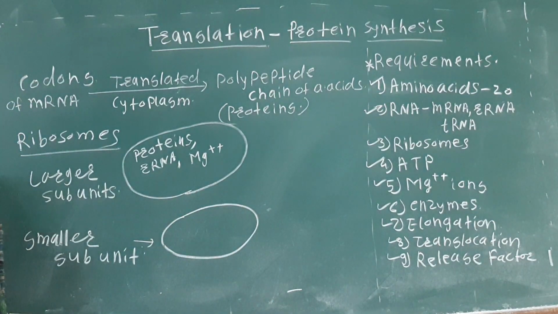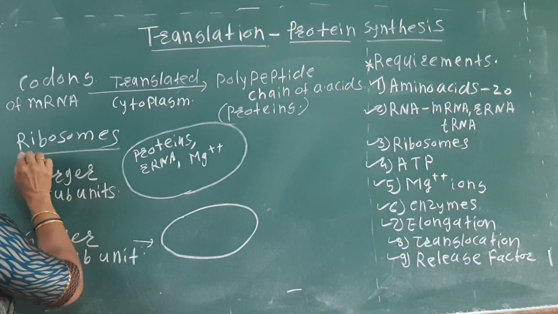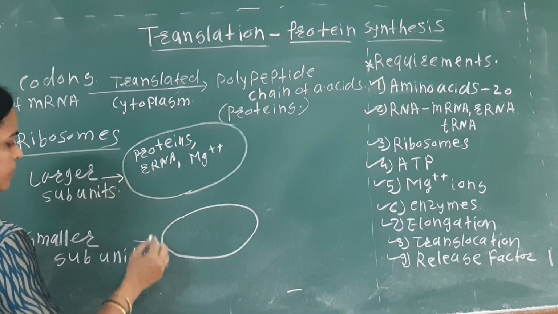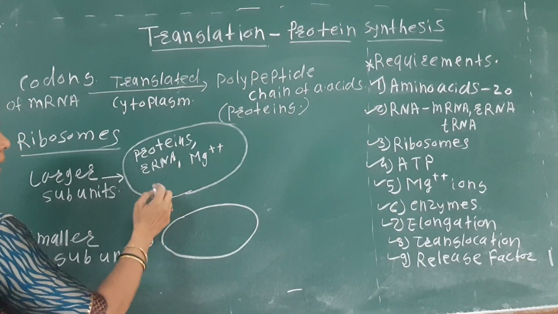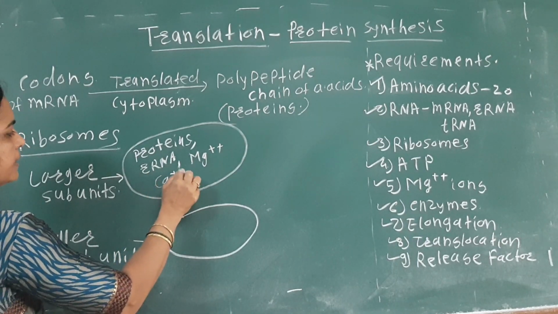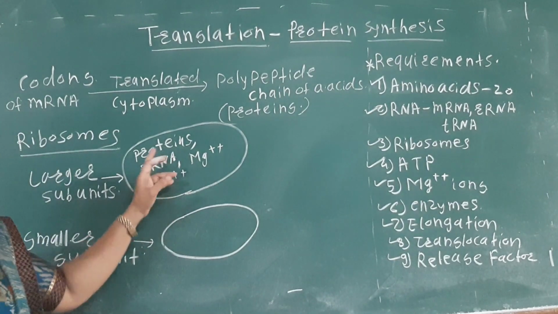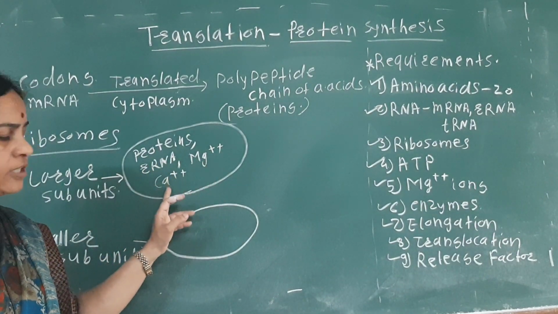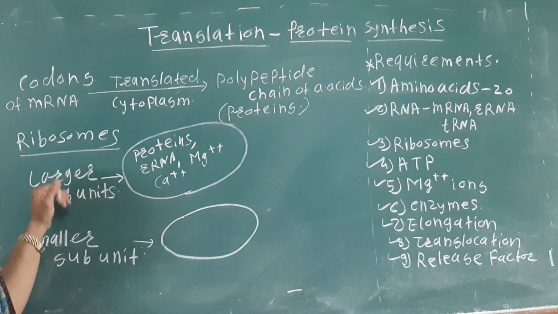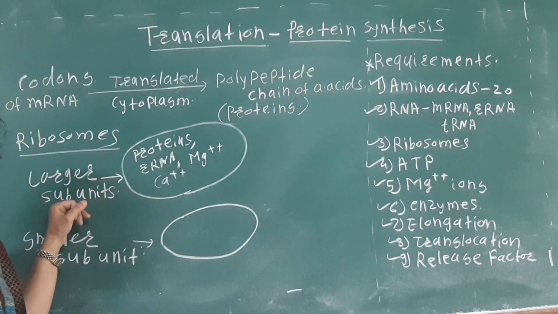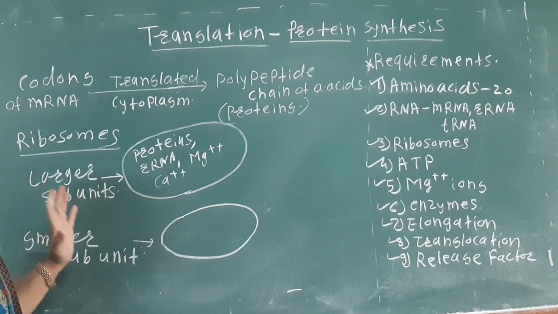Calcium ions are also present in the larger subunit. So proteins, rRNA, and magnesium and calcium ions are present in the larger subunit of the ribosome.